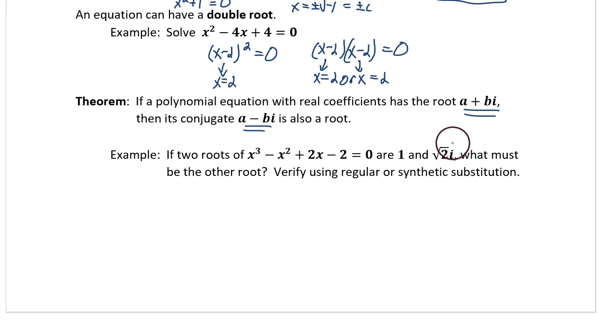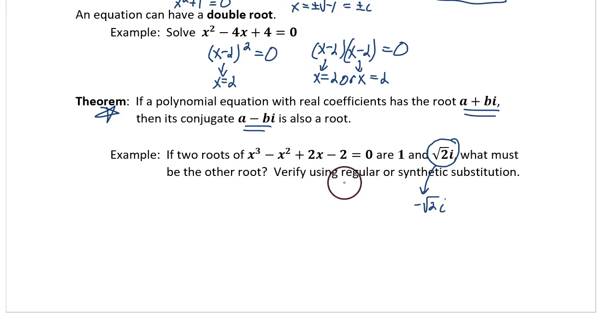Well, whenever an equation has a complex root, something with the letter i in it, then its conjugate is also a root. That's what the last theorem said. So what's the conjugate of square root of 2 i? It's negative square root of 2 i. So the 3 roots are 1, square root of 2 i, and negative square root of 2 i.